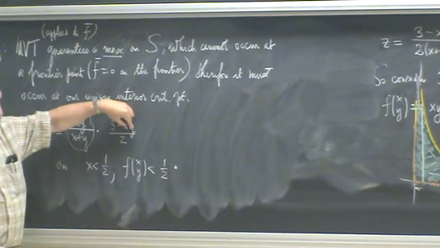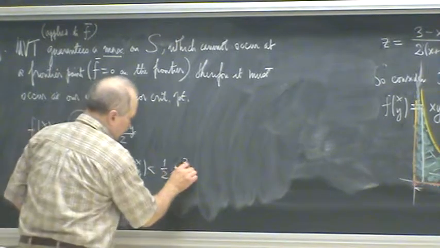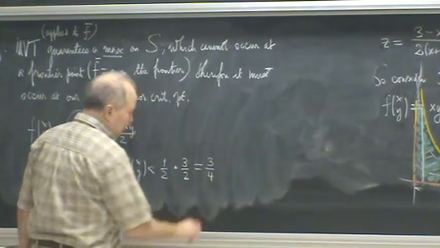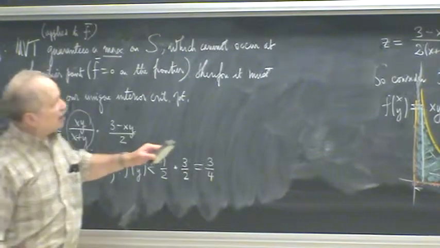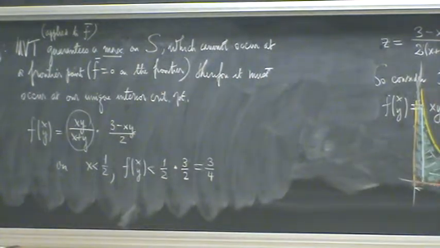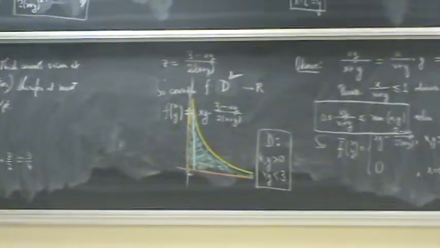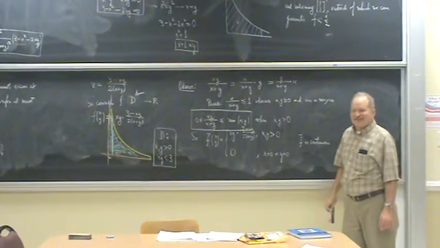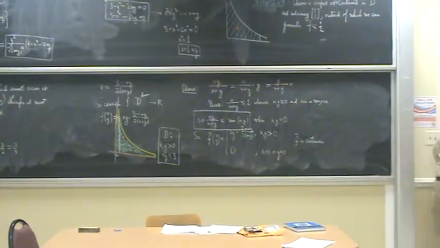So this is for sure less than 3 halves. Now, last time I checked, that number isn't less than f of (1,1). Darn. What do you want to do? Square it. Go further. Actually, you might have to cube it.